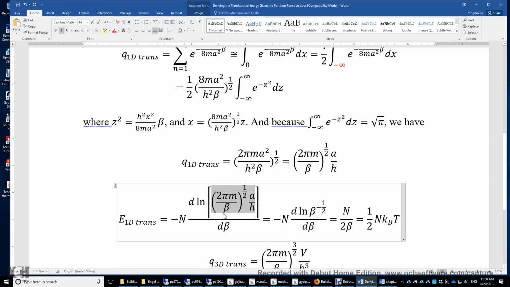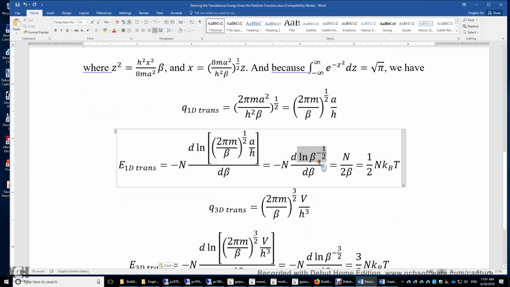The second term is a constant, which does not depend on beta. Therefore, we have just ln beta to the negative half here. Again, it's supposed to be d ln beta to the power of negative half plus d ln the square root of 2 pi m times a over h, but the second term is simply 0. Then this part is simply N over 2 beta, which is 1/2 times N k_B T.